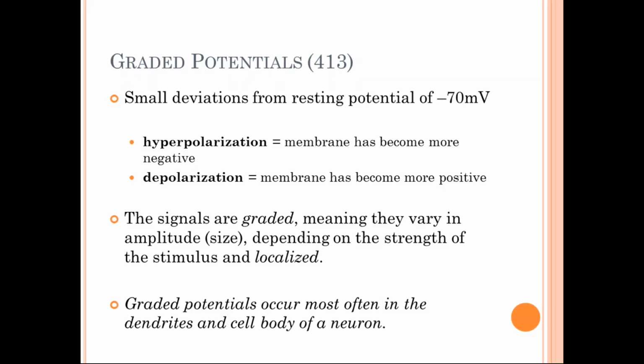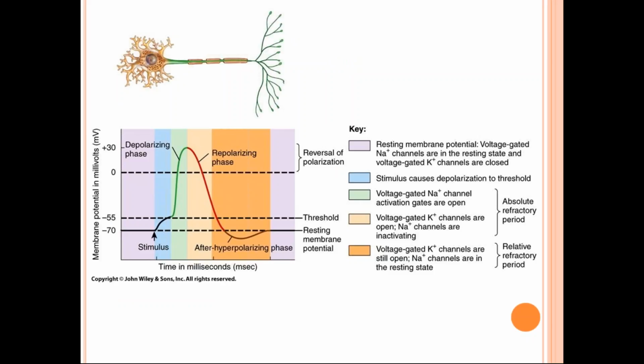And they build up, they're graded, they vary in size. Okay? They are also local, and they happen most often in the dendrites and cell body of a neuron. Okay, so if we look at this picture, which you will find in your textbook on page 416, this shows us what's happening with the gates and what happens with that minus 70. So we learned already that minus 70 is our resting membrane potential, right?